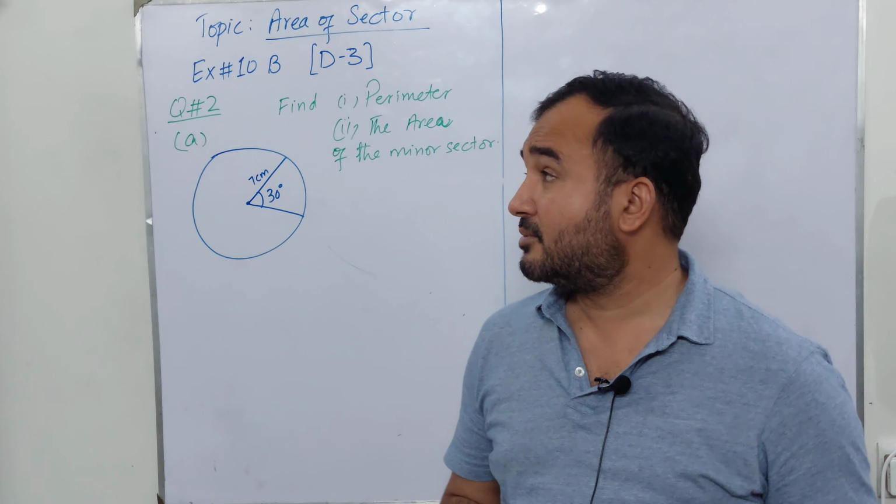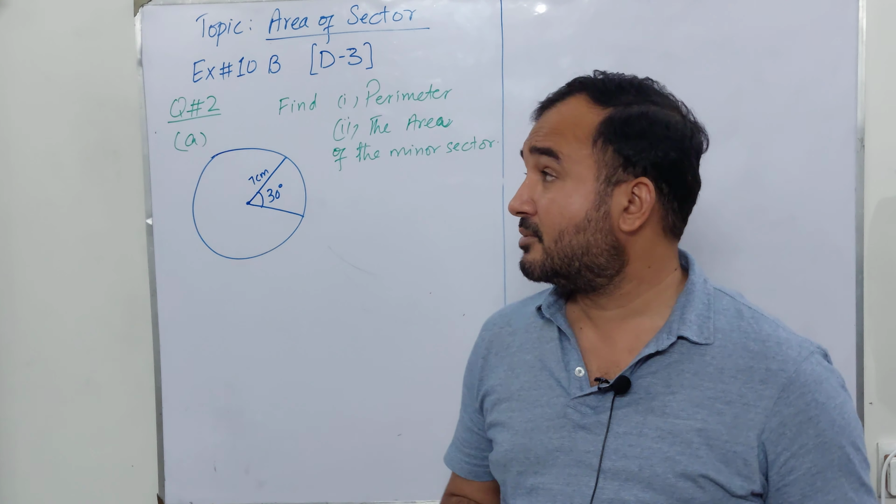So area of small sector is equal to, same formula, angle divided by 360 into pi r square. Okay, so angle is 45 divided by 360 multiplied by pi. Pi depends on r.